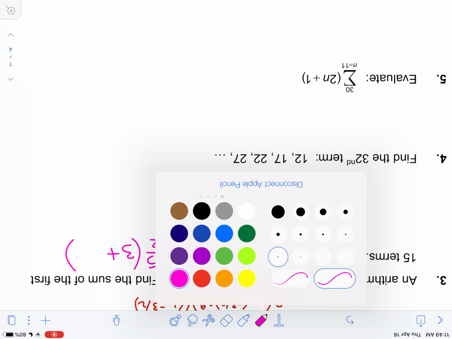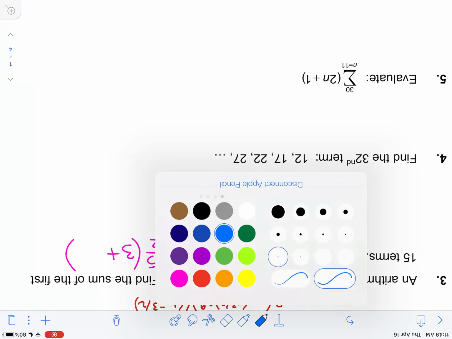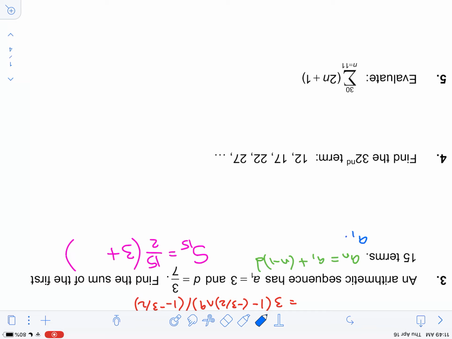So before I can use that formula, I have to use my formula that deals with terms. So again, you don't have to memorize any of these formulas. You'll have them. And so I do need the 15th term, which is 3 plus 15 minus 1, and then my d was the funky fraction of 3/7.